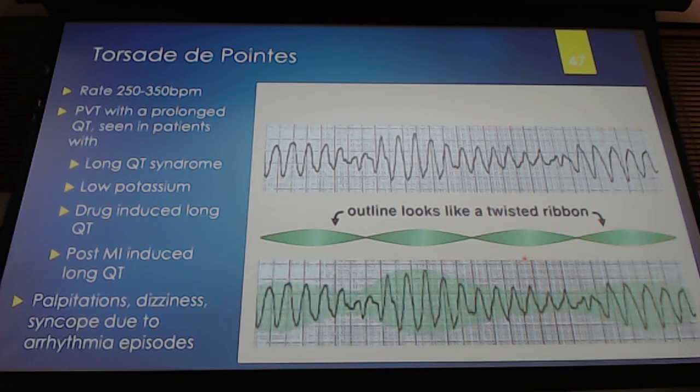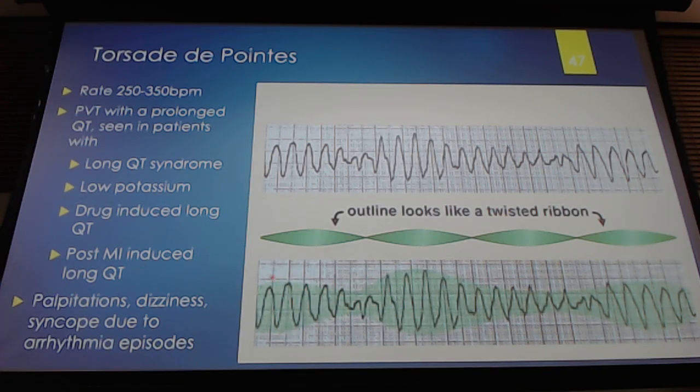Oftentimes, these patients will have symptoms just like they have a tachycardia: palpitations, dizziness. Maybe they feel like their heart rate is off or irregular. Maybe they have syncopal episodes, and that's what prompts them to come in. What they call the classic, if there's a classic look for torsades, is a twisted ribbon appearance.